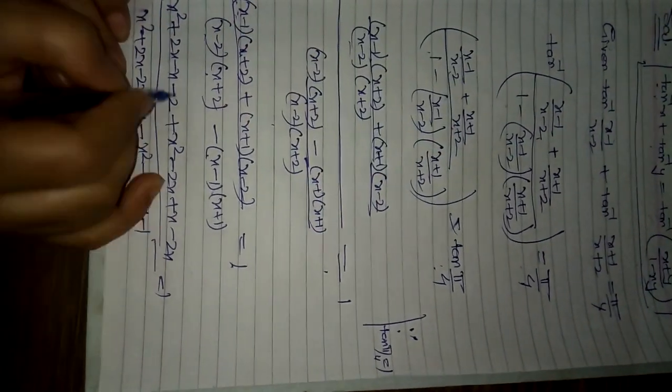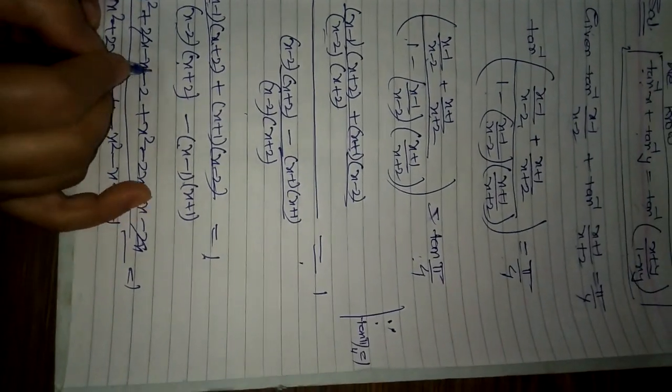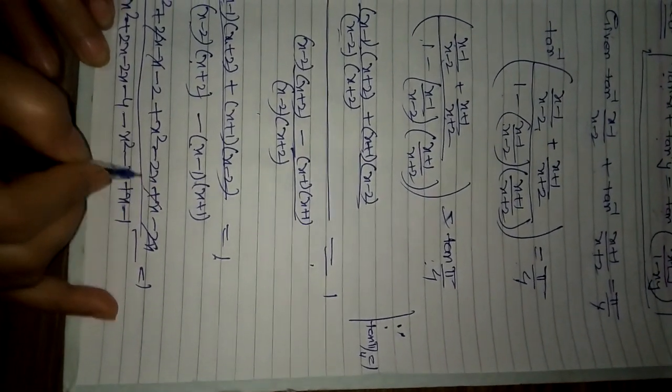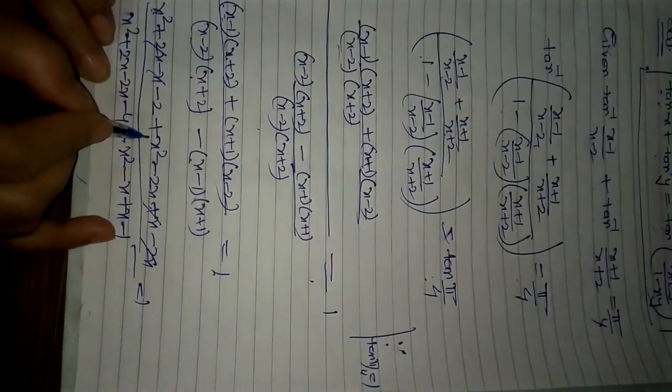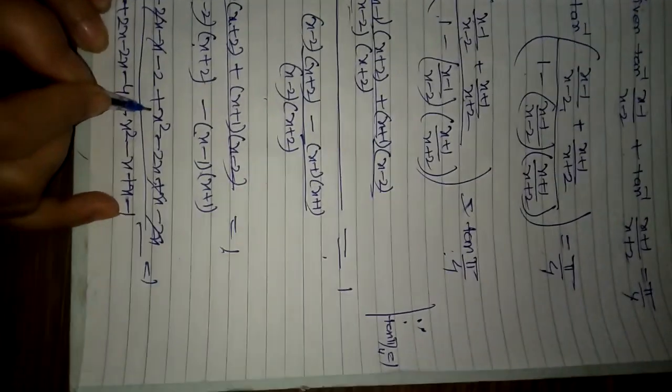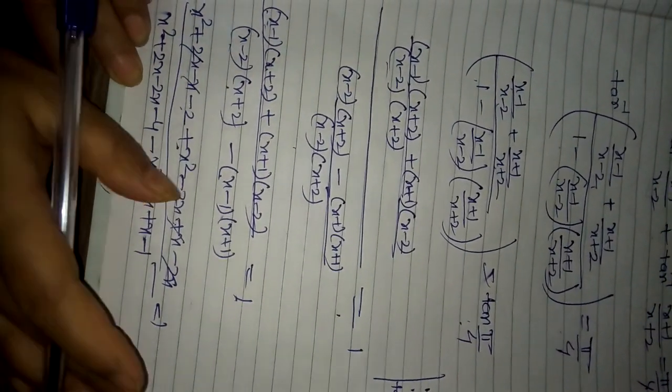Now cancel the terms, 2x is cancelled with this term. Plus x cancels with this minus x. So what is left? 2x square and minus 2, and minus 2, then it will come minus 4.